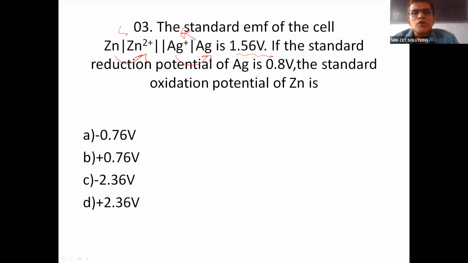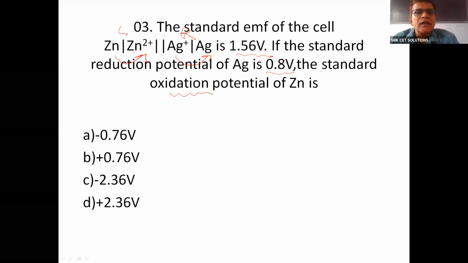If the standard reduction potential of the silver half cell is 0.8 volts, what is the standard oxidation potential of zinc? You need to do two manipulations here. First, from the cell potential, calculate the half cell potential of the zinc electrode.